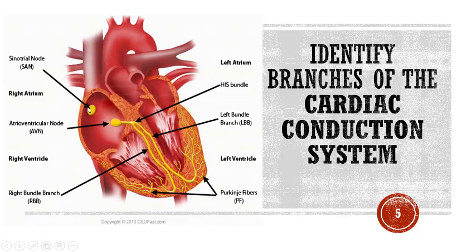So we talked about the SA node and the atrioventricular node being the pacemakers of the heart. So here's your SA node. It's going to fire kind of independently and start off this heartbeat. That's going to fire to your AV node, which is then going to send a signal to what's called the bundle of His, and that's located right here in this myocardial tissue.